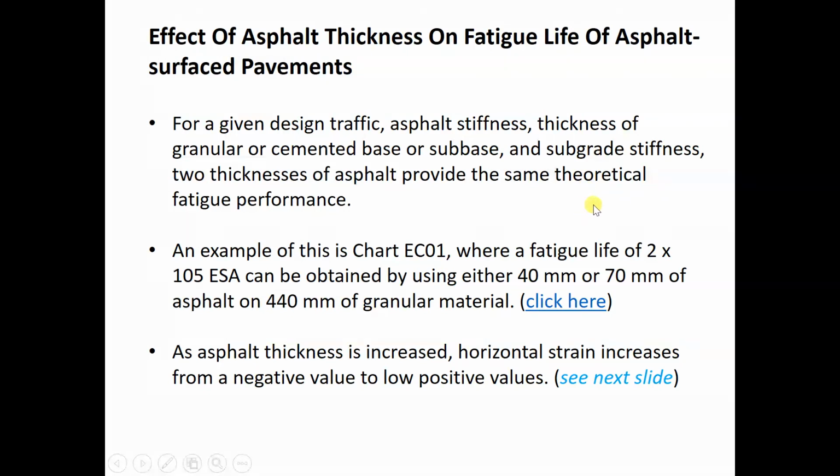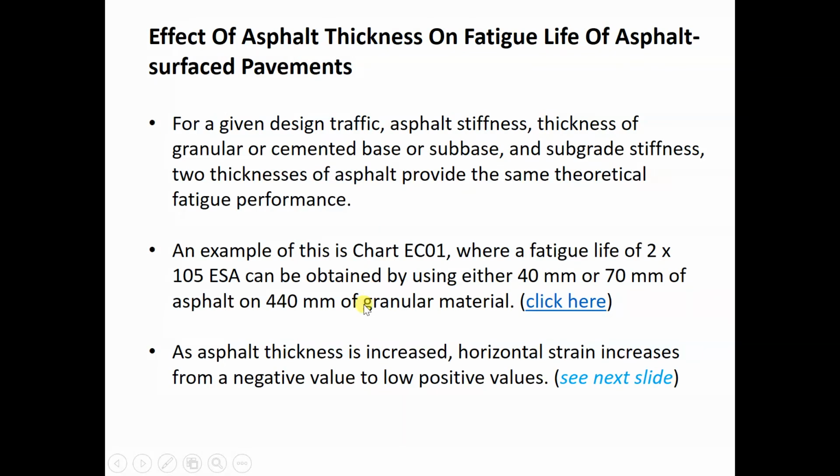So for the different material property, let's say there's one trial pavement, you have a given design traffic, the asphalt thickness and stiffness, the granular or cemented base or sub-base thickness and stiffness, and the subgrade stiffness. But two thicknesses can provide the same theoretical fatigue performance.